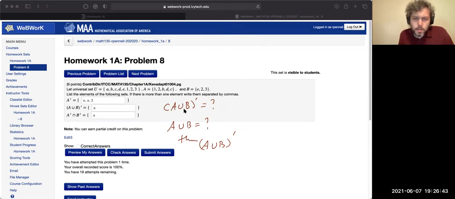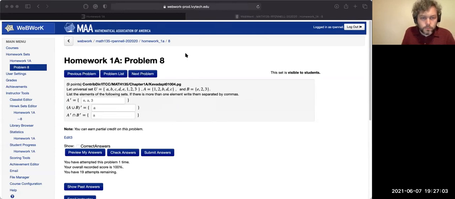But so, (A union B) complement. You want to work on the inside of the parentheses first. So that is how I would suggest doing such a thing. I highly suggest starting the problem out by working inside. And also for this one, we have A complement intersect B complement.